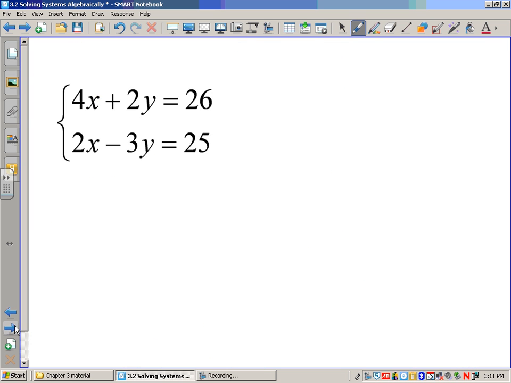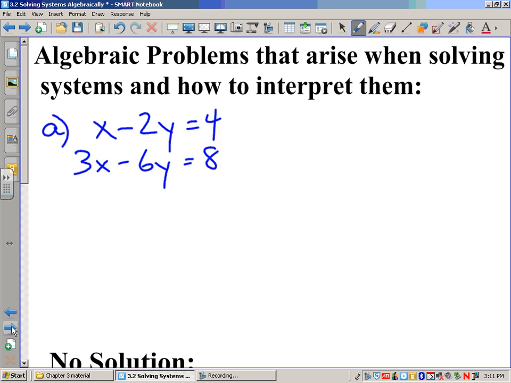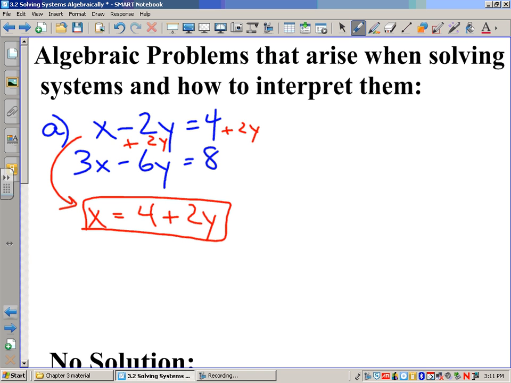Now we go to special cases. So we have these two equations where different things can happen. So I have x minus 2y equals 4, 3x minus 6y equals 8. If I did this with substitution, get x on a side by itself, I would add 2y: 4 plus 2y. If I substitute that in for that x, I'd have 3 times (4 plus 2y) minus 6y equals 8.